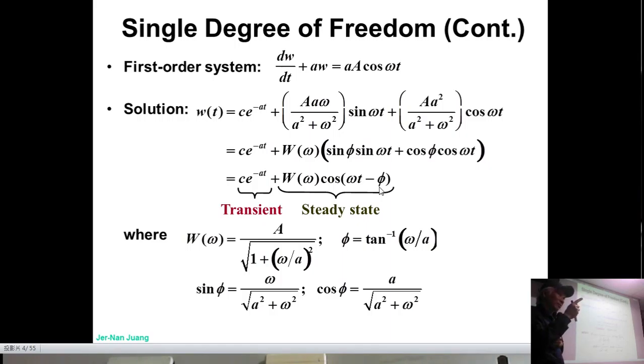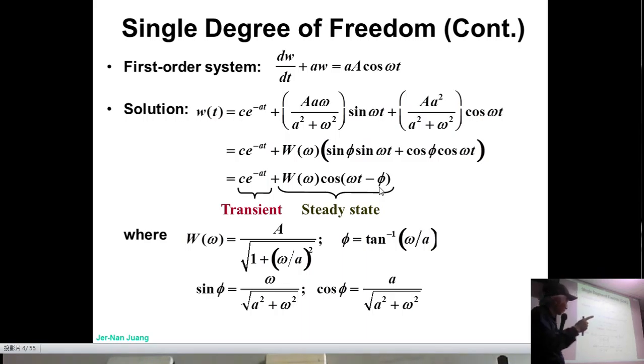All right? Now, you can write a solution in all different ways. This is one way to do it, and this is a conventional way for a controller designer to quantify the response, how good your design is.